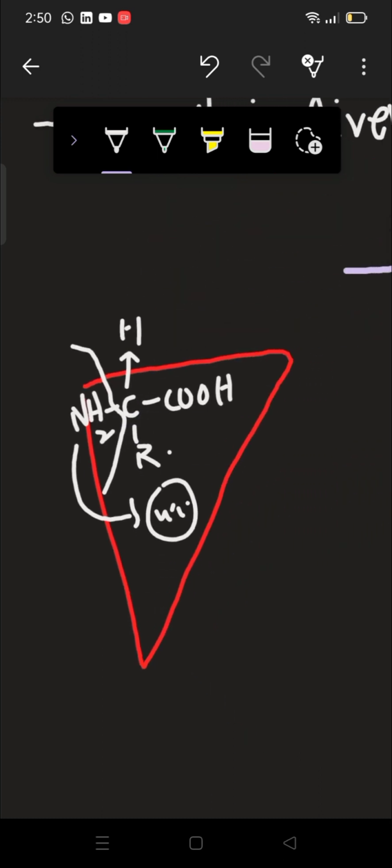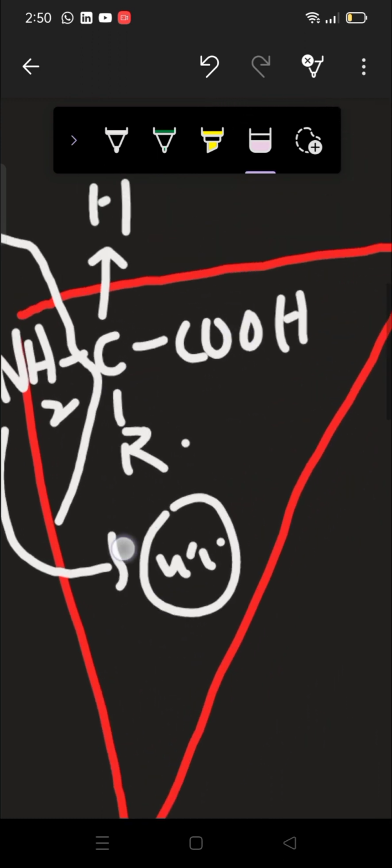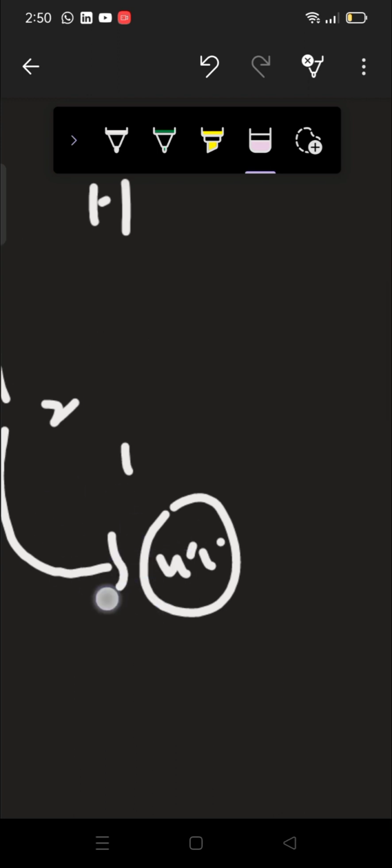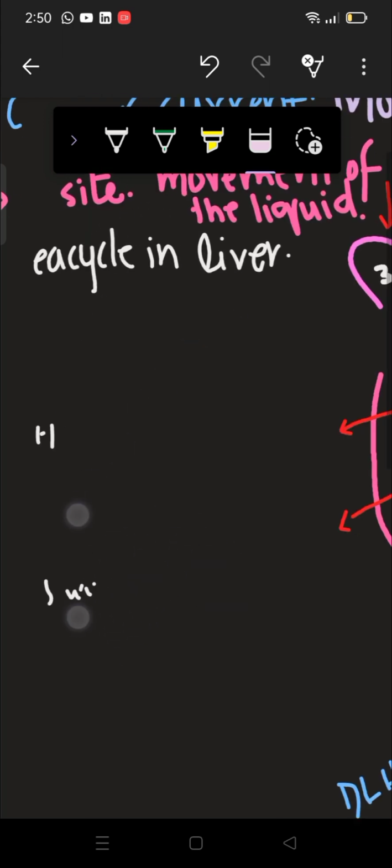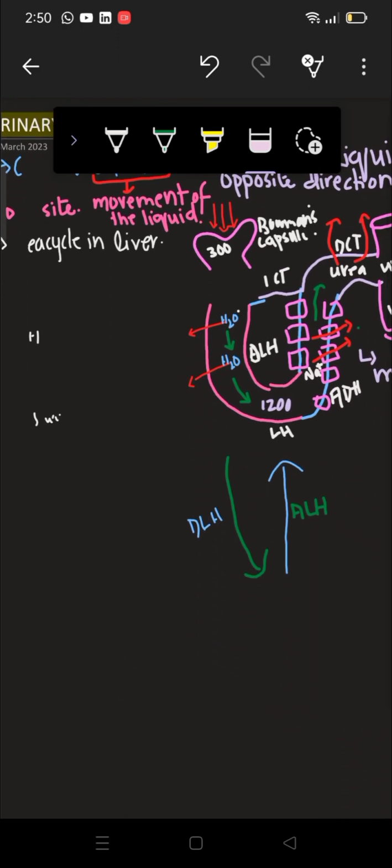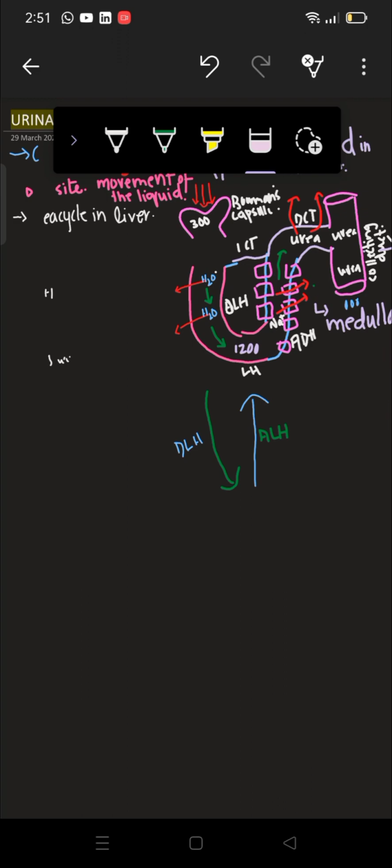So urea cycle is where? It is in the liver. So don't confuse with that. If someone asks you where is urea cycle, you don't have to say urea cycle is in nephron or in kidney. No, not at all. It is in the liver.